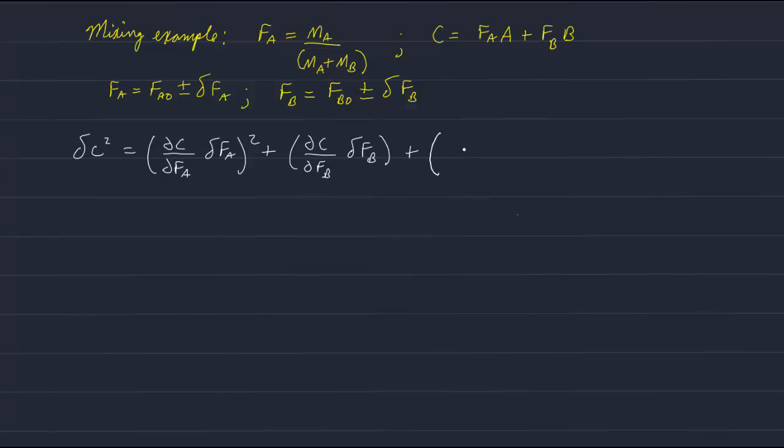and then to take into account the uncertainties of A and B, we proceed as before. And I'm forgetting to square these. We've got to square each of these.